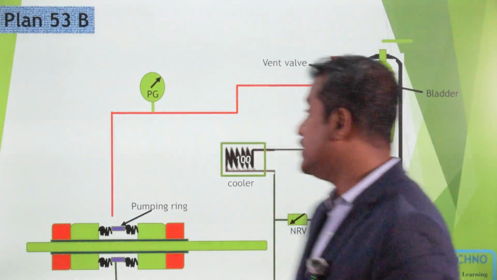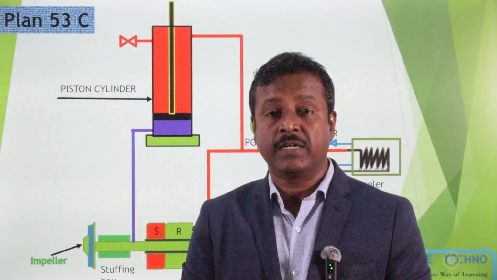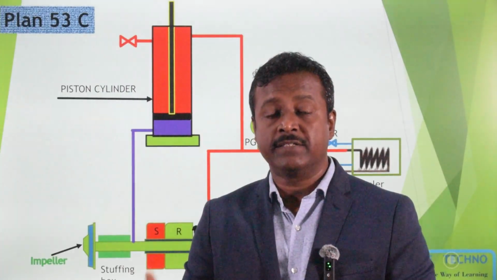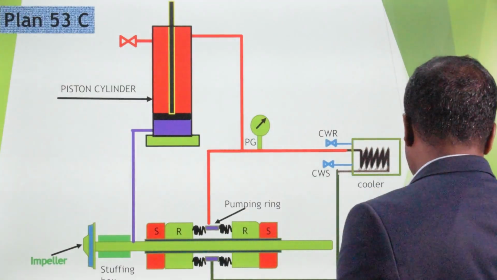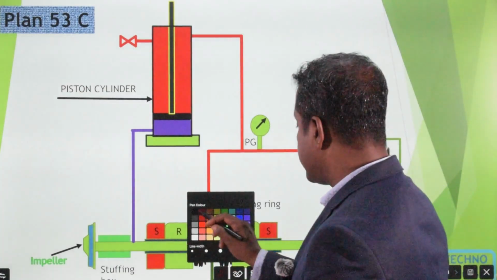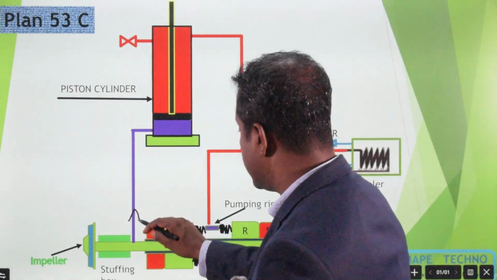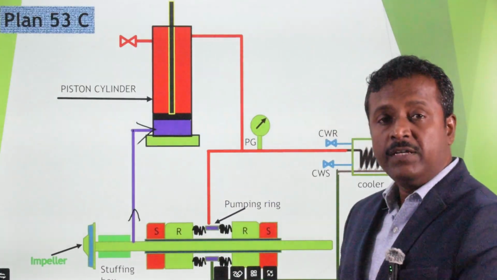Now in 53C, how is the barrier liquid pressure maintained according to your desire? That is the main point. In 53C, we take a tapping from the stuffing box. This is the tapping, and we put it at the bottom of the cylinder.